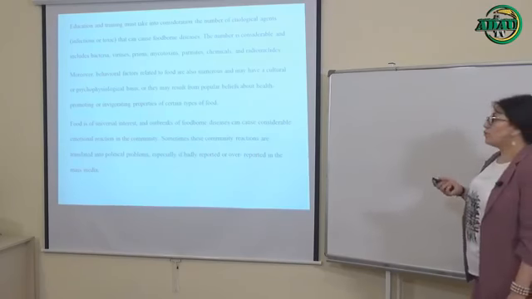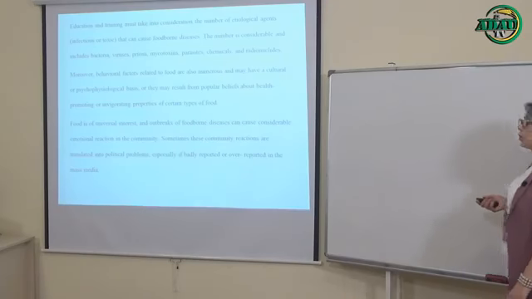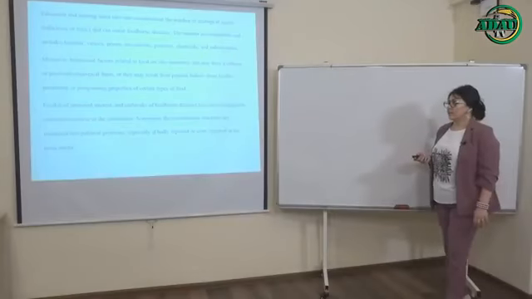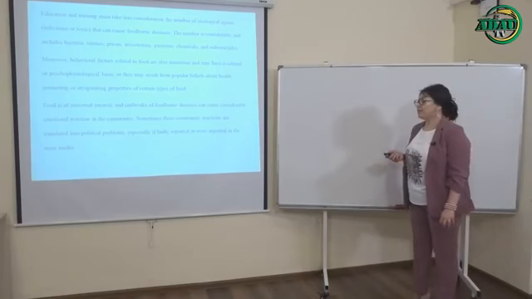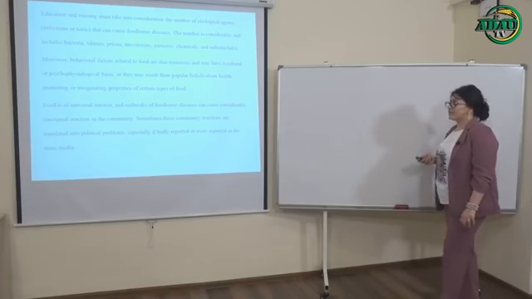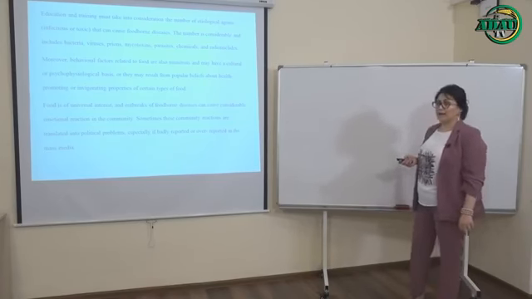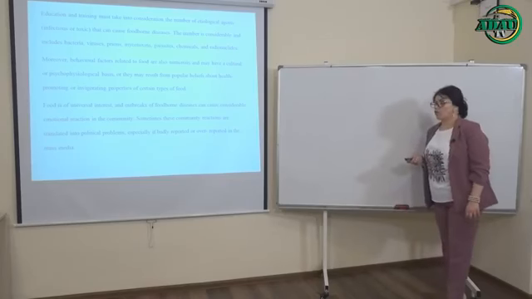Food is of universal interest, and outbreaks of foodborne disease can cause considerable emotional reaction in the community. Sometimes these community reactions are translated into political problems, especially if badly reported or over-reported in the mass media.